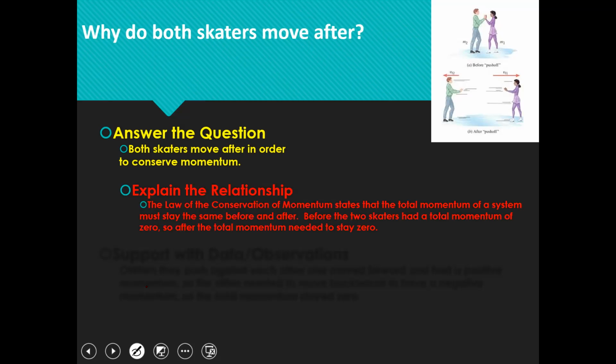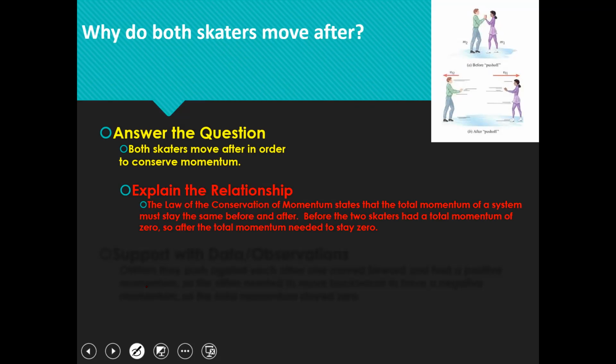The law of the conservation of momentum, as we said, states that the total momentum of a system must stay the same before and after. Before, the two skaters have a total momentum of 0, and after the collision, the total momentum must be 0. That's why one moves to the right and one moves to the left.